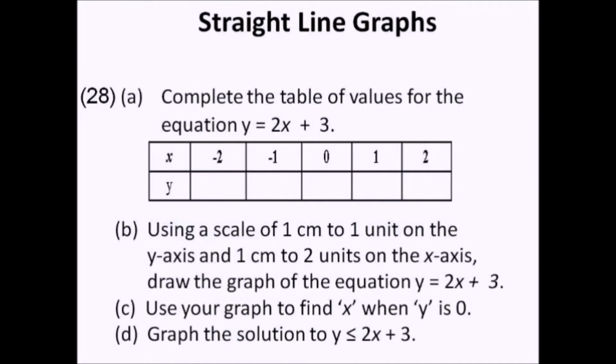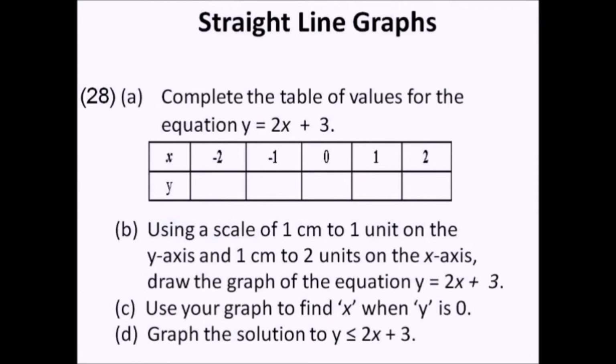Complete the table of values for the equation y is equal to 2x plus 3. Here again, you can use a pencil. Okay, use the pen to write in the answers on the table. Using a scale of 1 centimeter to 1 unit on the y-axis, and 1 centimeter to 2 units on the x-axis. That's important. Draw the graph of the equation y is equal to 2x plus 3. C, use your graph to find x when y is 0.